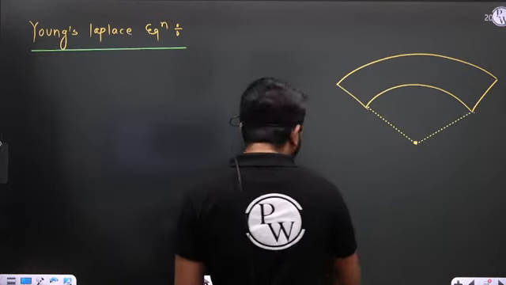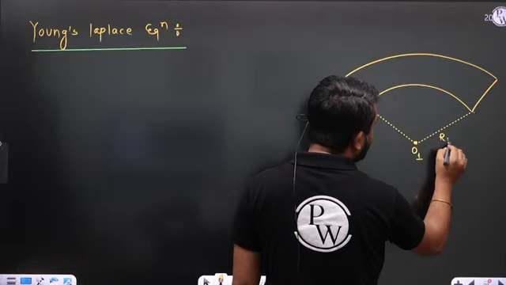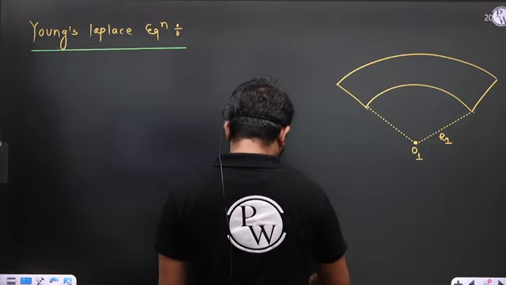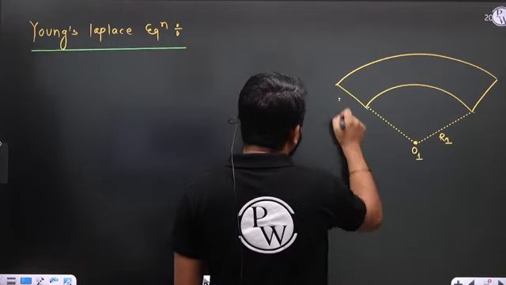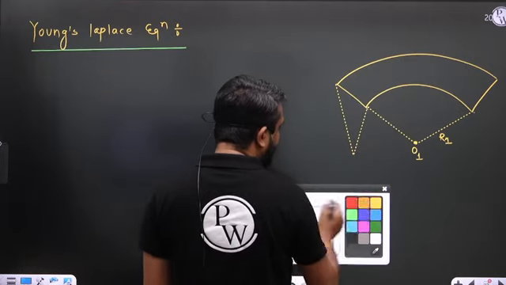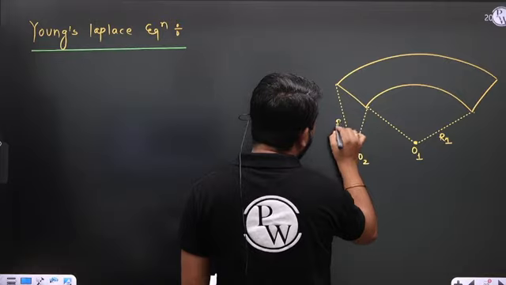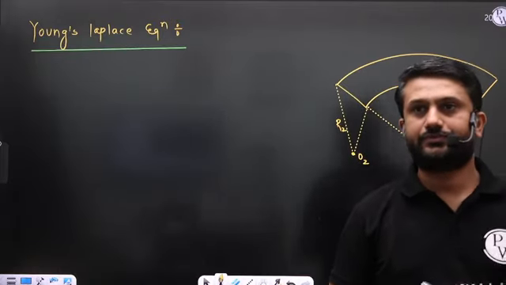Let us consider this is O1 and this radius of curvature is R1. And for this one, this is the center of curvature, O2, and this is the radius of curvature, R2.